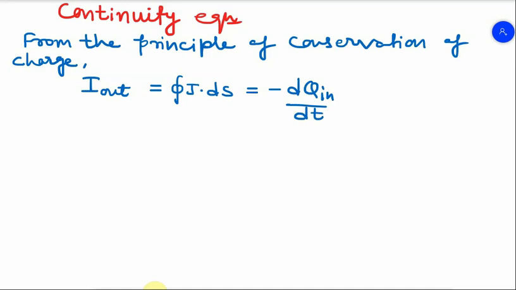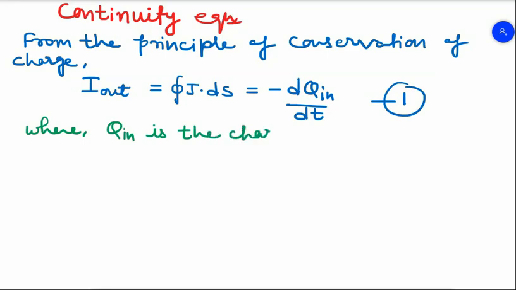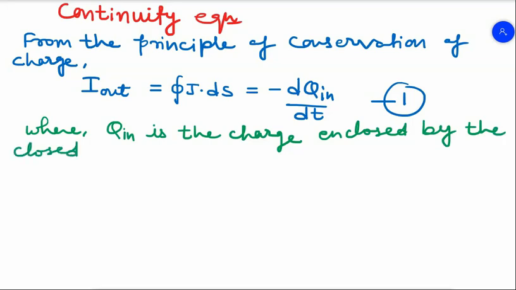Let's say this is your first equation, where q_in is the charge enclosed by the closed surface.